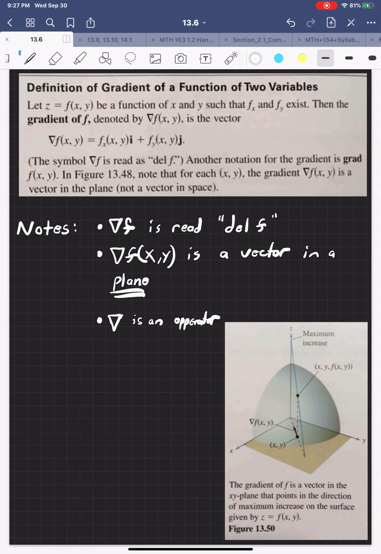Now, you would read this as del f, but since we're not really interested in just the operator, we're actually interested in the gradient, more importantly, you would read this as the gradient of f.